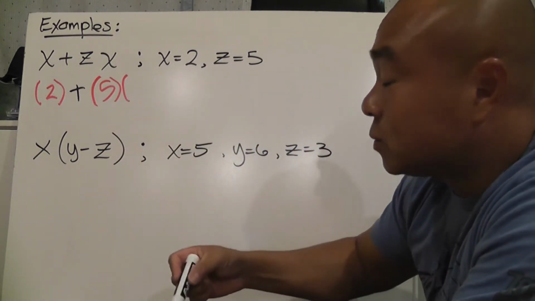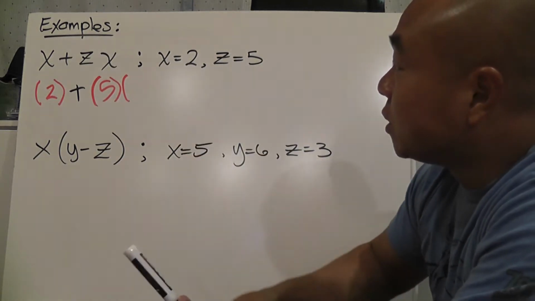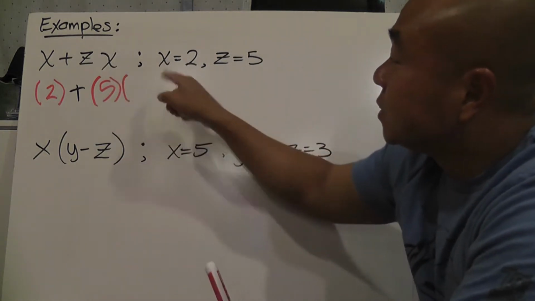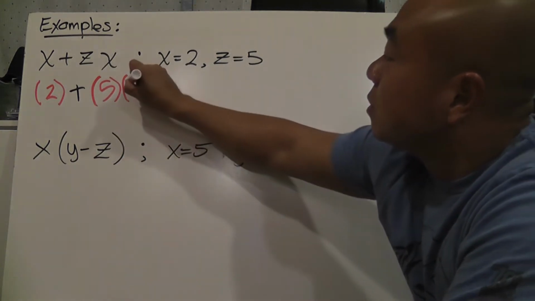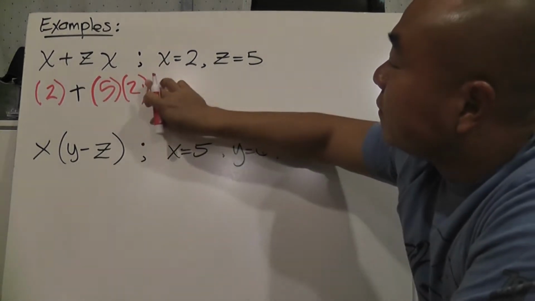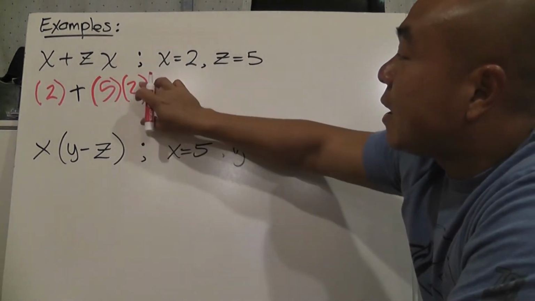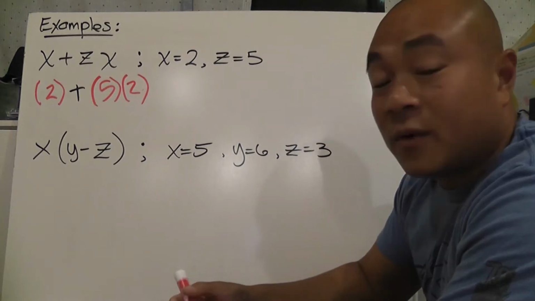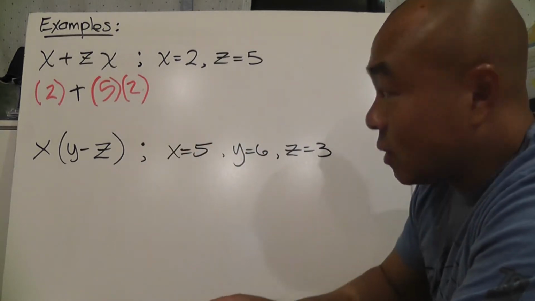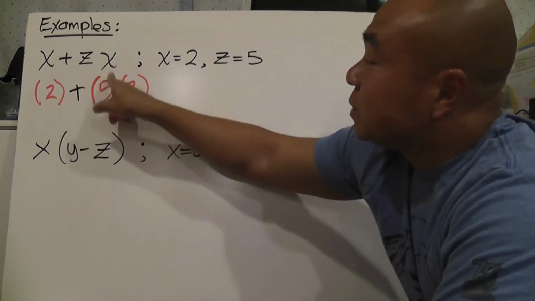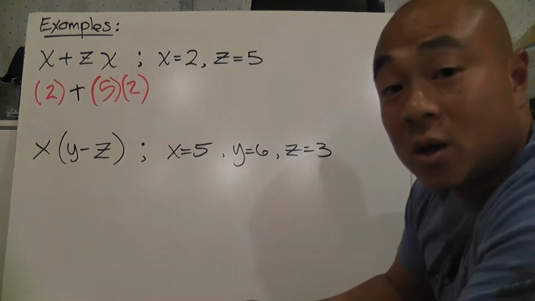Lots of things that imply multiply. And then we're going to go ahead and place the x, which is equal to 2. So what we've done so far is plugged in the x's, plugged in the z's, and now we can go ahead and solve.